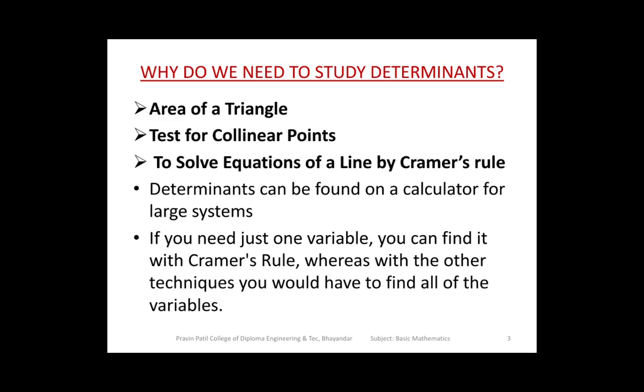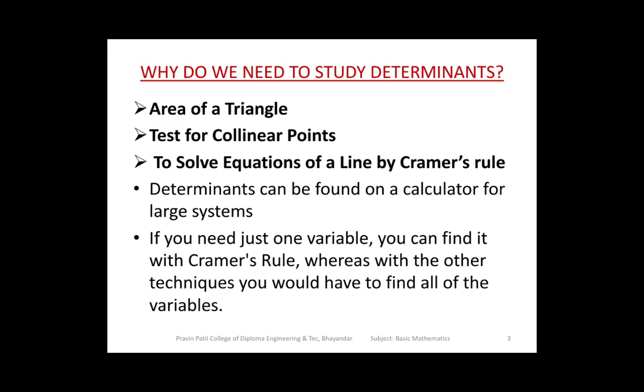So if you are interested only in z, you still have to find x, y, z, all the variables. The point is, you are interested only in finding z. You are not interested in x and y.